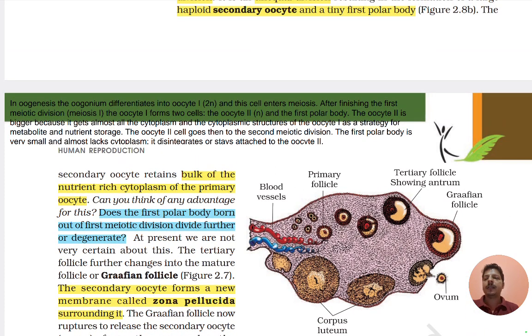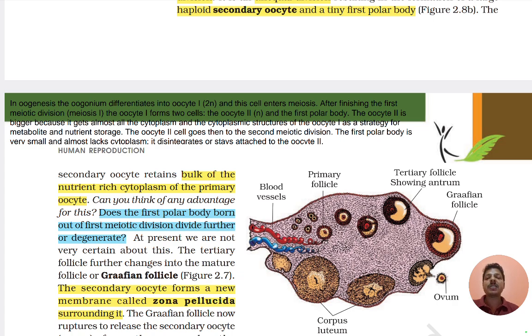And here the answer. In oogenesis, the oogonium differentiates into oocyte 1 and this cell enters meiosis. After finishing the first meiotic division, the oocyte 1 forms 2 cells, oocyte 2 and the first polar body. The oocyte 2 is bigger because it gets almost all the cytoplasm and the cytoplasmic structure of the oocyte 1 as a strategy for metabolite and nutrient storage.